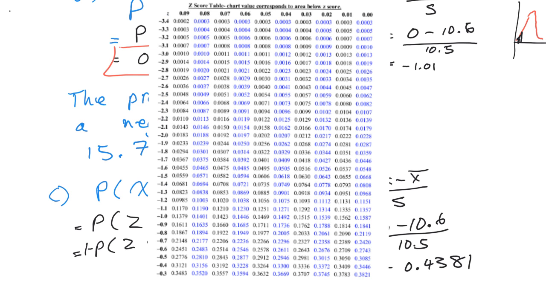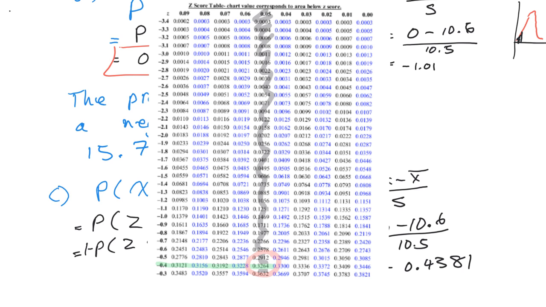So for the Z-score corresponding to negative 0.0 less than 0.44, we're going to use this column here, the 5 column, all the way down, and then we're going to use our row here, and we use the intersection to find what we're looking for.